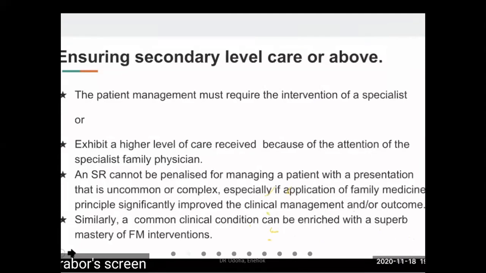And you must also exhibit a high level of care received because you are a family physician. For example, if you just write about malaria and just talk about giving antimalarials and the rest of things, without any specific thing, maybe was it malaria with anemia, and why was it so? Was it because he is sick or he sought intervention late?